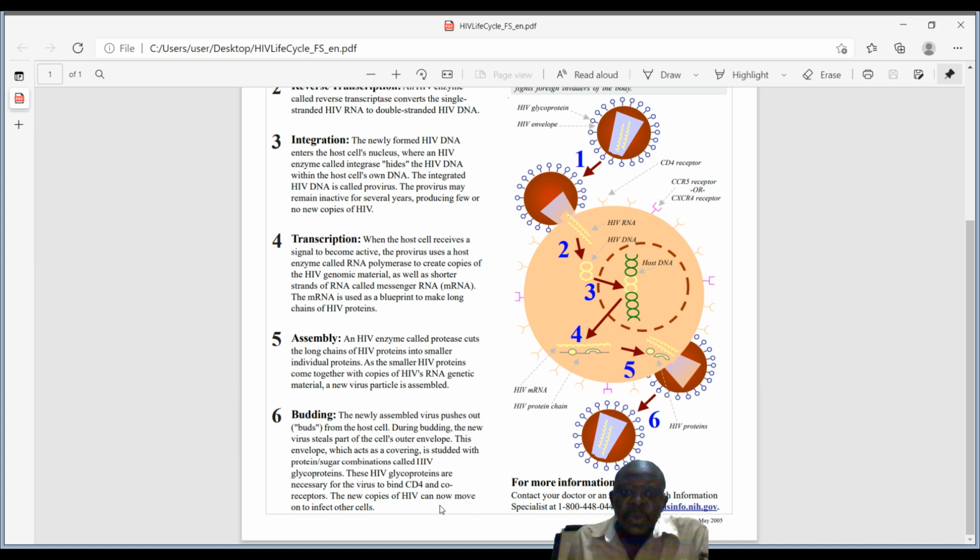So the new copies of HIV can now move on to infect other cells. This leaves the cell that has CD4 receptors vulnerable, hence reducing the number of CD4 receptors.